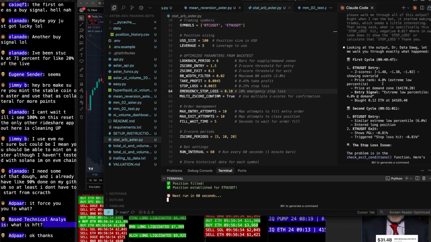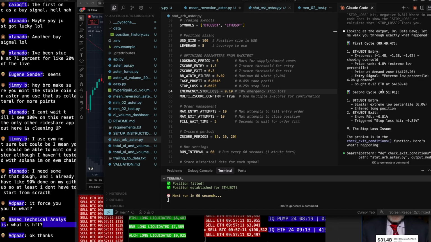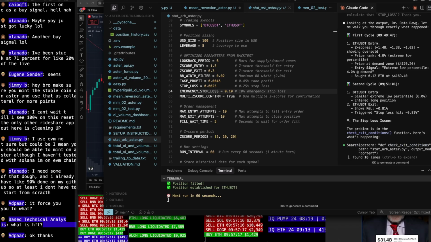Price rank is 4%, extreme low percentile. Price at demand zone 4170. Entry signal: extreme low percentile, 4% at demand.